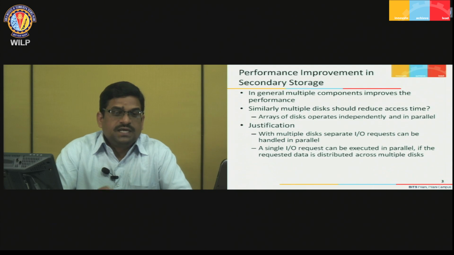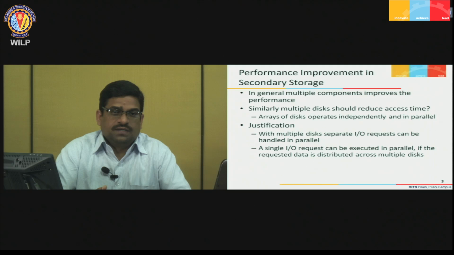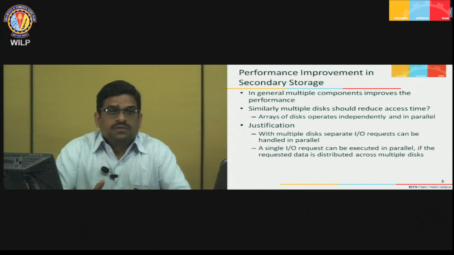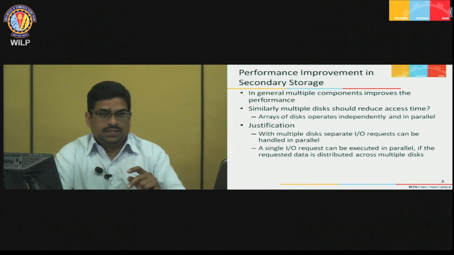So, if the data that belongs to a single request is distributed across multiple disks, then each disk contributes some portion of the data in parallel, and ultimately it reduces the data transfer time. So, a single IO request can be executed in parallel if the requested data is distributed across multiple disks.